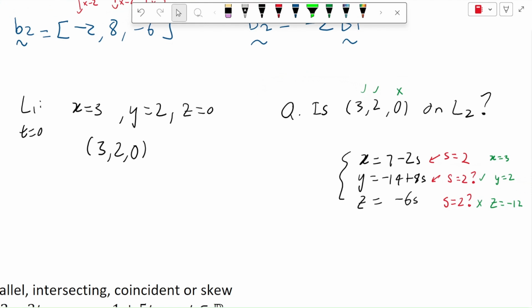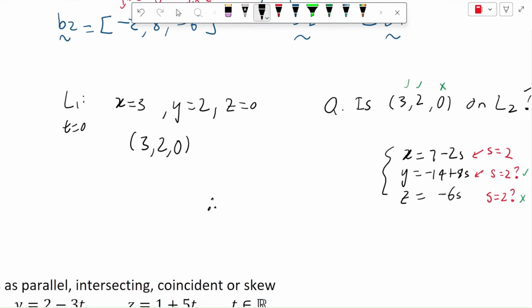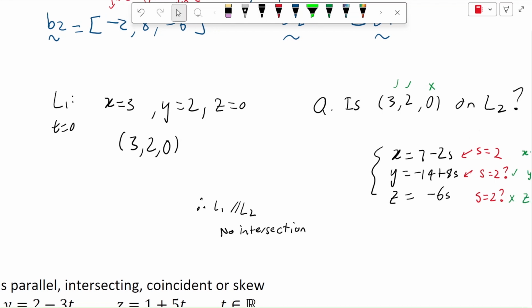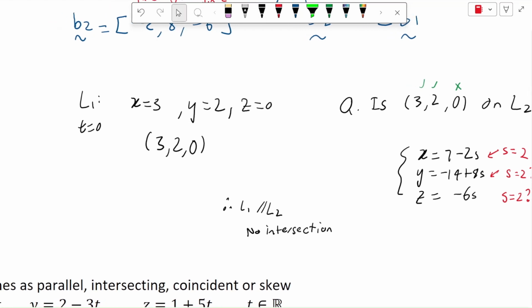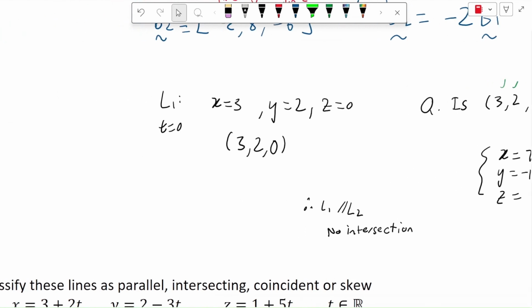So no, you can't find the point 3, 2, 0 on line 2. Therefore, L1 is parallel to L2, no intersection. Basically, if that third point did work, the 2 lines would be sitting right on top of each other. We'd have infinitely many intersections. But because we couldn't find this point on line 2, we got no intersections.